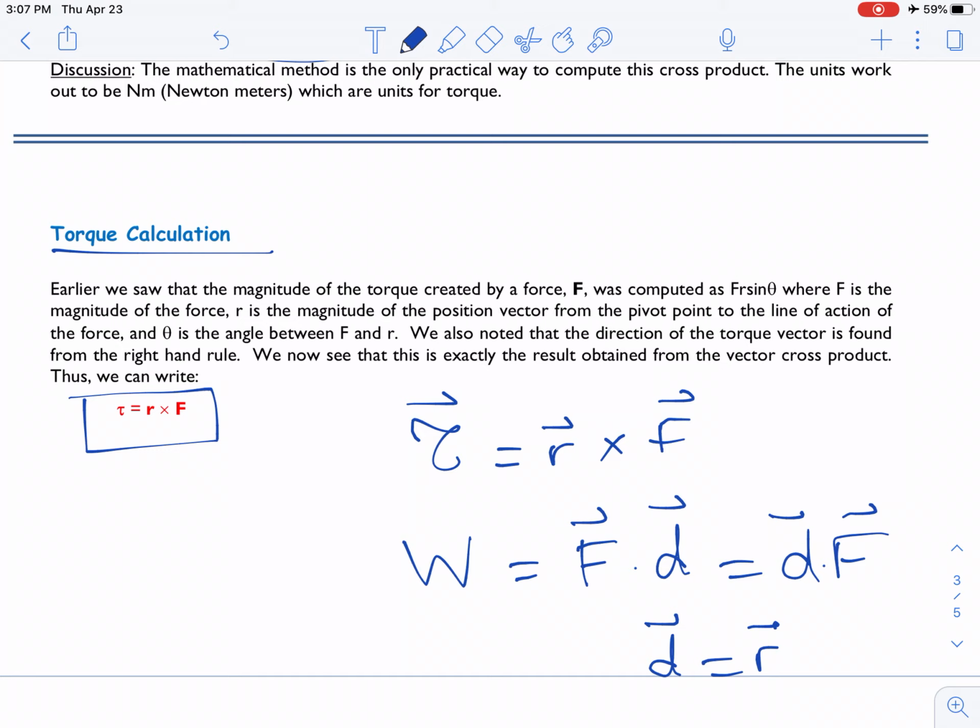So this is R dot F, this is R cross F, but they're not the same thing. This is scalar, because dot product is also known as scalar product, and cross product is also known as vector product. So the torque is a vector, work is a scalar, but they are both found by the multiplication of the displacement or R, the distance in magnitude, times the force. Okay, it's just that a different type of multiplication will give you a different type of quantity.